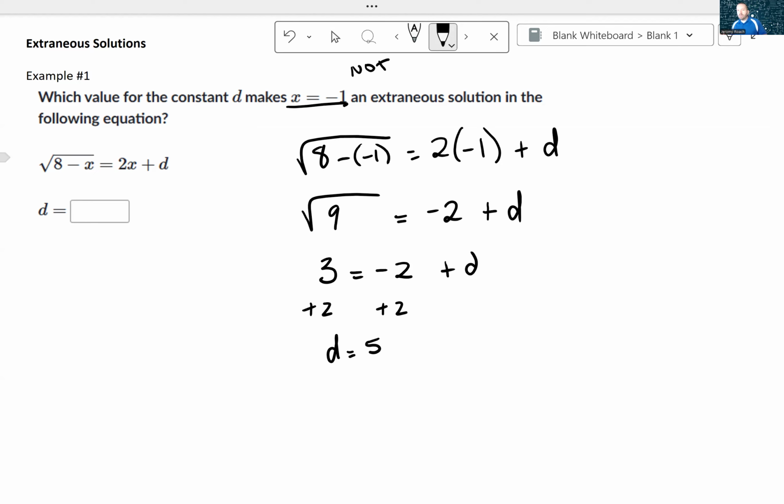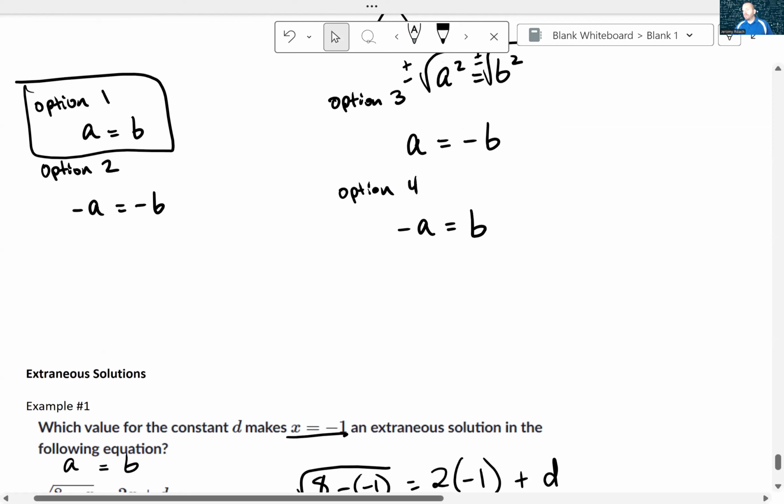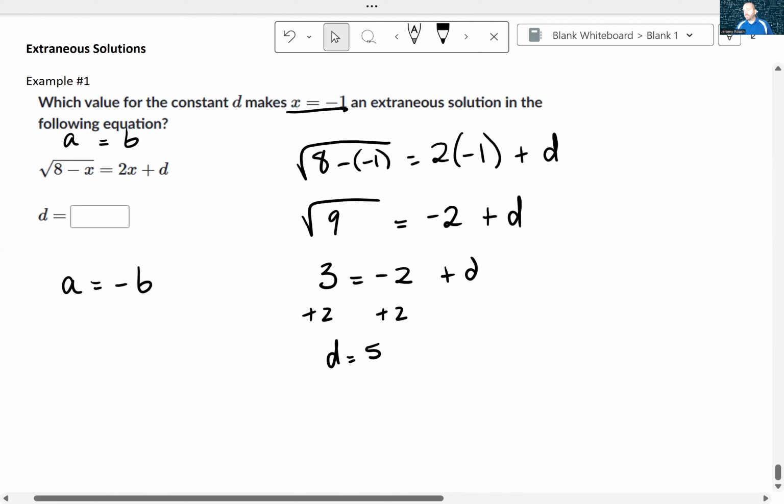We want to figure out what it would be if it is an extraneous solution. So here's what we're going to do. We are going to take this equation, A equals B, and set it up so that it's actually A equals -B. I think that was option three. Yeah.